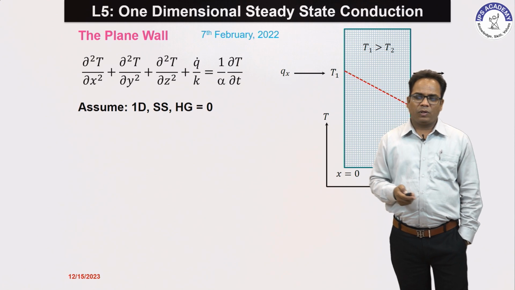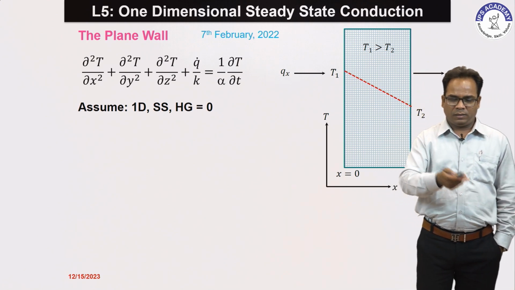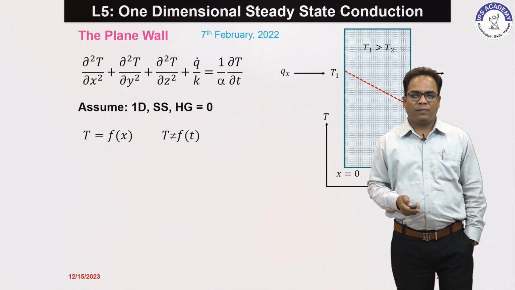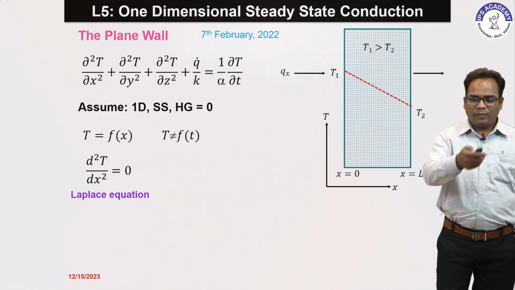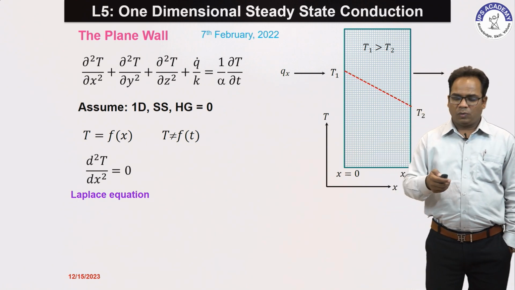One more assumption is that there is no heat generation. So simply the temperature is a function of x, not a function of time. So we have the Laplace equation, that is d square T upon dx square is equal to 0.